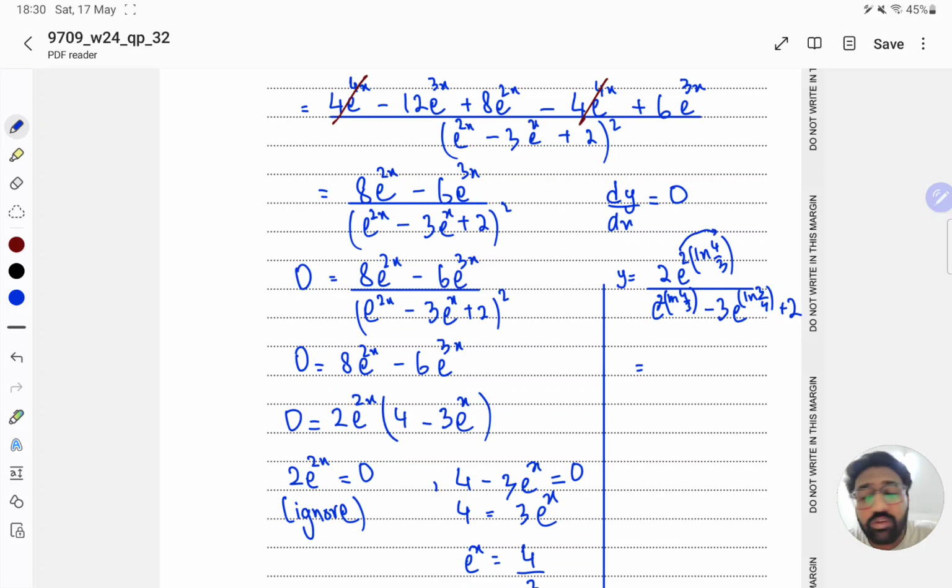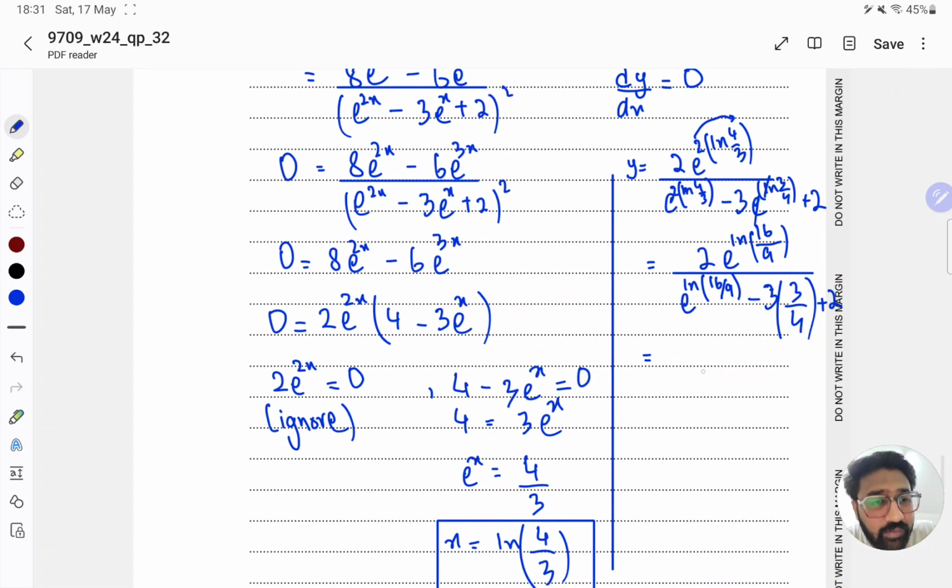So this multiplication is going to become the power, so this is going to become 2e^(ln 16 by 9), which becomes 16 by 9, divided by e^(ln of 16 by 9) and the 3 is also going to become... no, this is before that, so this cannot be the power, but yes, the e and ln will cancel out, so this 3 and 4 by 3 will multiply, plus 2.